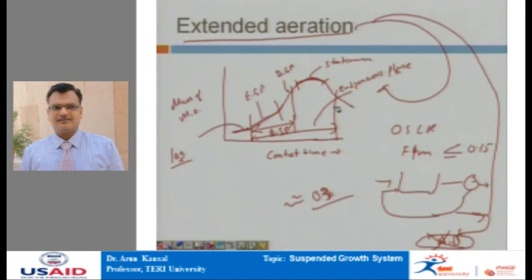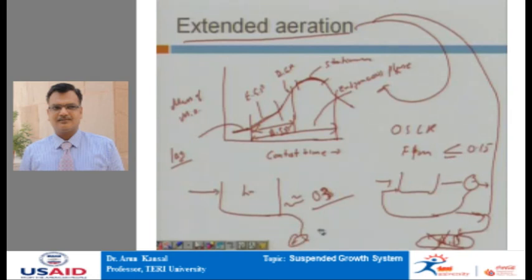But when we go for the extended aeration system, we do not require further sludge stabilization because organisms have already stabilized within the system. Therefore, for small communities when the flow rate is not high, it is better to provide long duration aeration time, because aeration can be given even for 24 to 30 hours, which will not result in much increase in the volume, but avoiding additional units will be of much advantage.